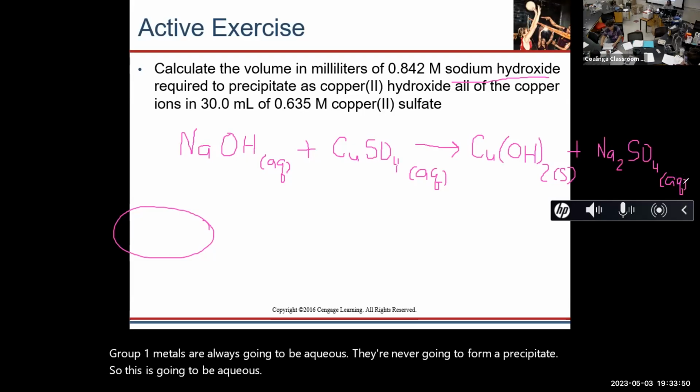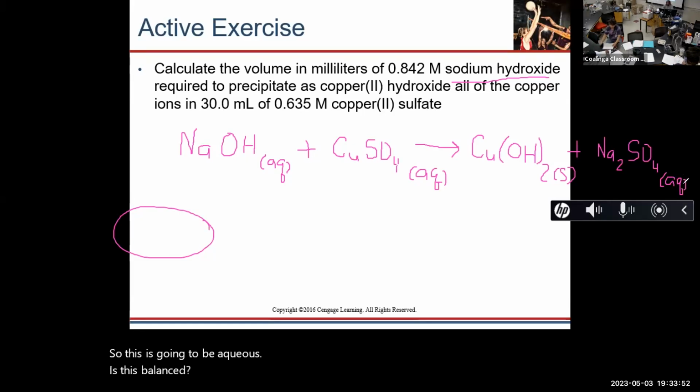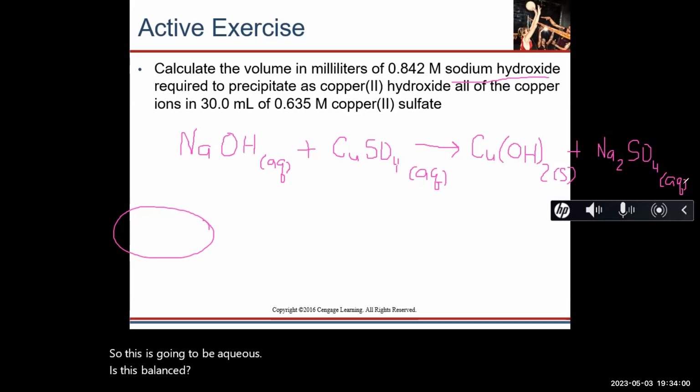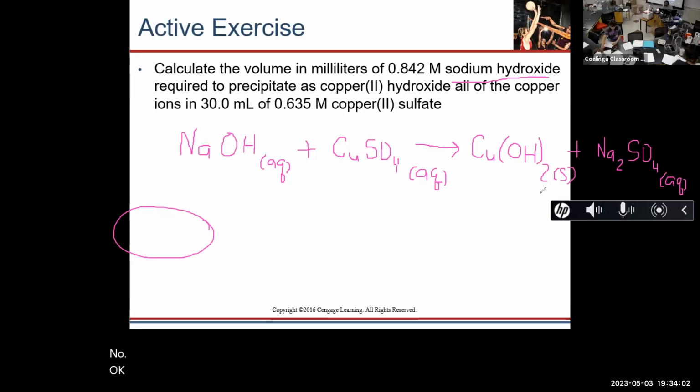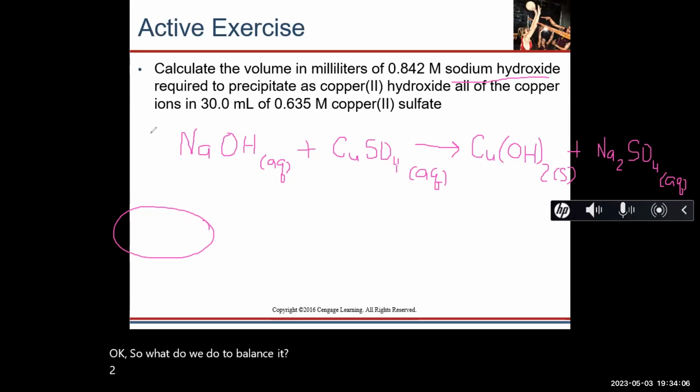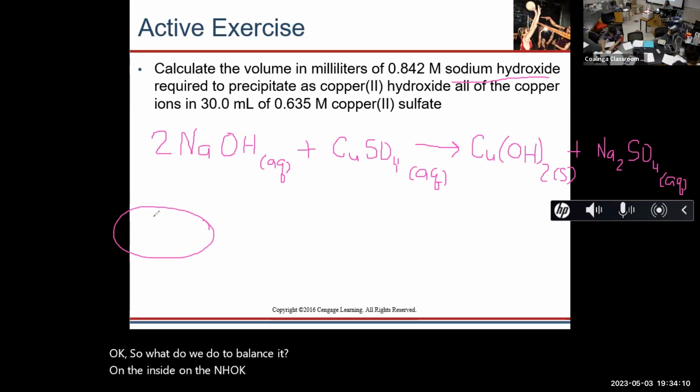Okay, is this balanced? No. Okay, so what do we need? Balance it. You need to put a 2 on the reactant side on the NaOH, and that balances you out. Okay, so now we have a balanced chemical equation.